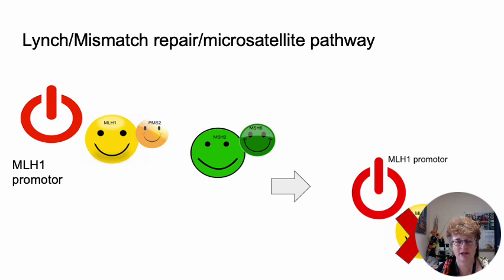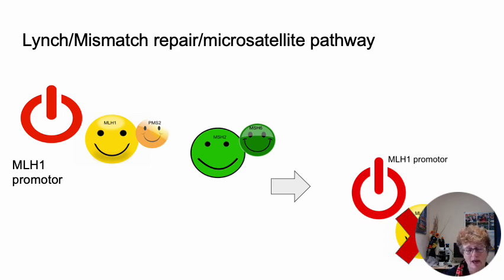The DNA mismatch repair pathway, what you need to know is there are proteins called mismatch repair proteins, and they exist at the DNA replication site. They are in charge of repairing any mistakes that happen in DNA. So if there are mistakes in DNA that aren't corrected, and they are in a tumor suppressor gene or an oncogene, then that can lead to a step on the pathway to cancer.